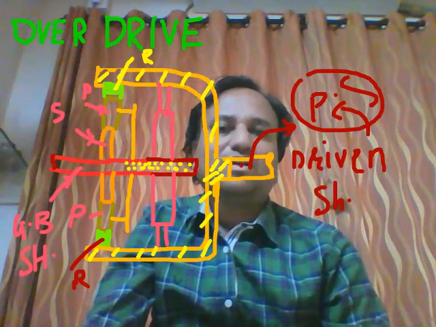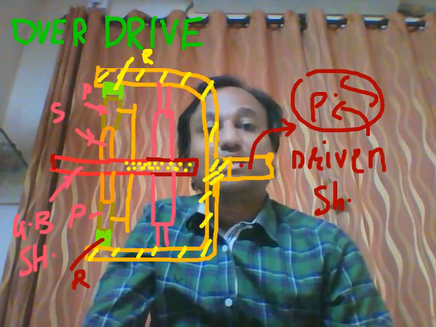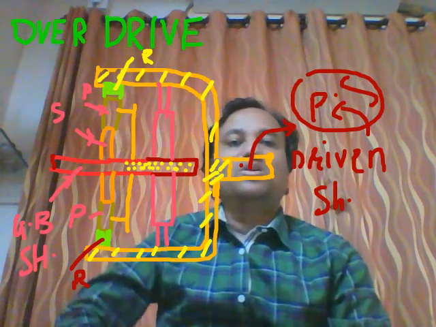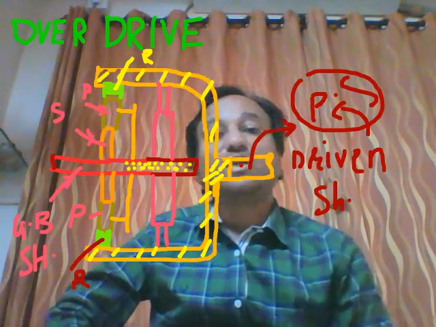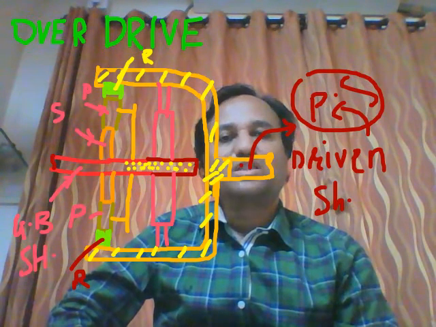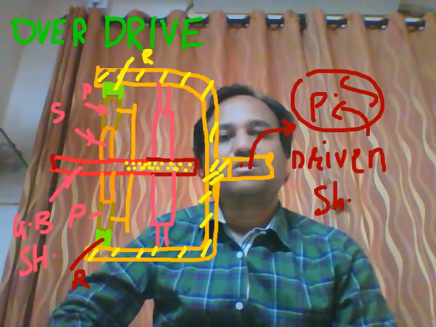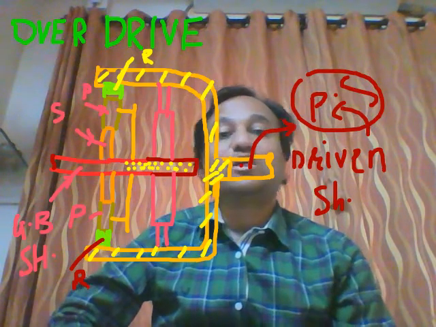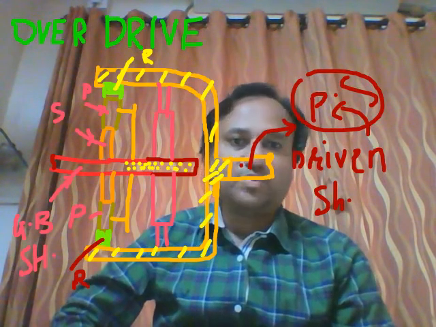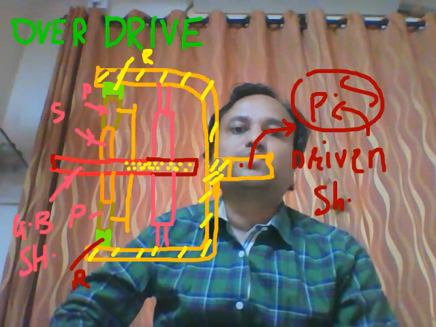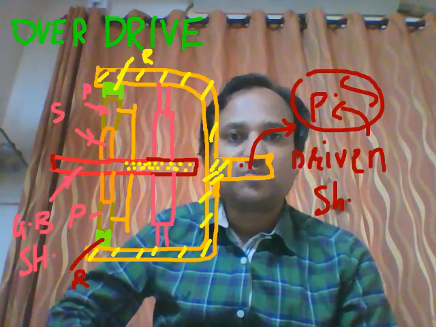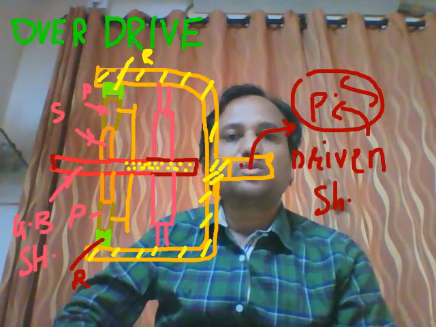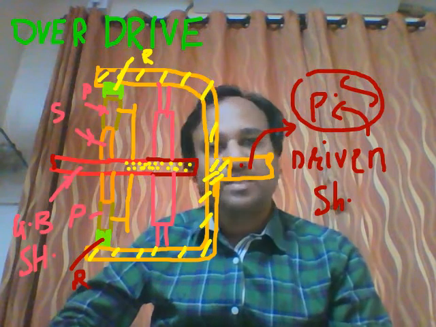Or you can say that ultimately crankshaft speed is less than that of the propeller shaft, or in short you can say that to the driving wheels more speed is supplied than that of the engine crankshaft speed. So it will save fuel consumption. Also it will improve the engine life.